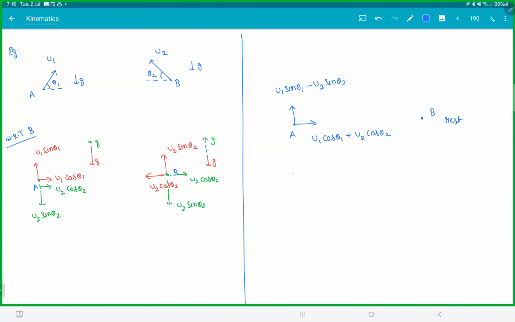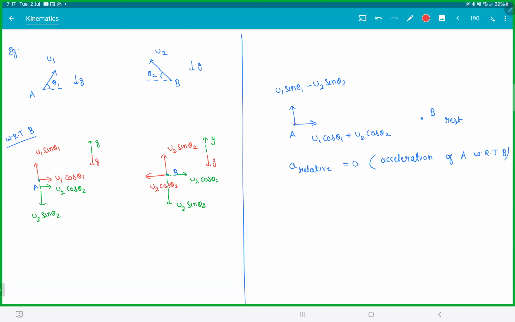Right? And what is the acceleration? 0. Acceleration got cancelled. So acceleration of A with respect to B is 0.